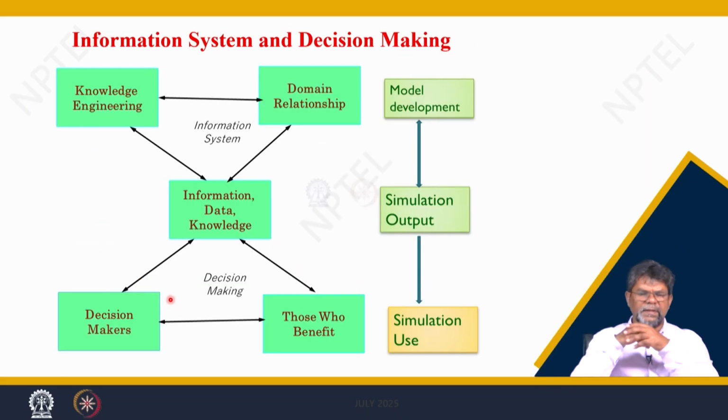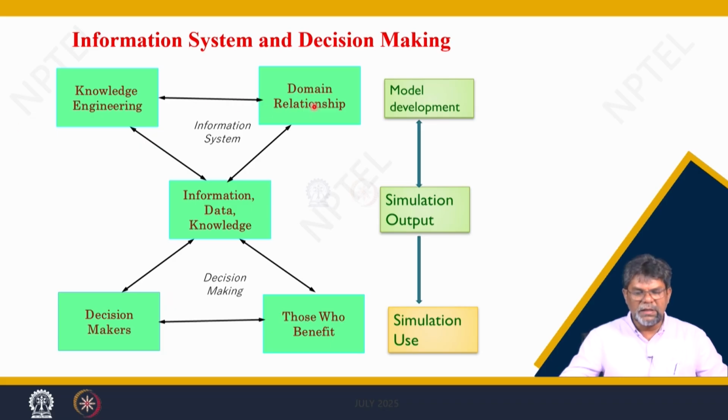So, what I am going to explain is information systems and decision making in the agricultural scenario. Usually when model development starts, there is knowledge engineering and domain relationship. The domain experts are agricultural scientists and engineers, and the knowledge engineering comes from the computer specialist, programmer or mathematician; they join together.